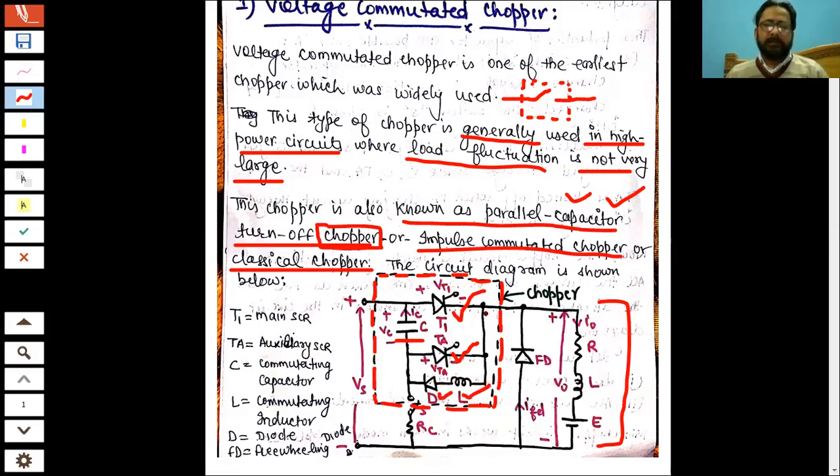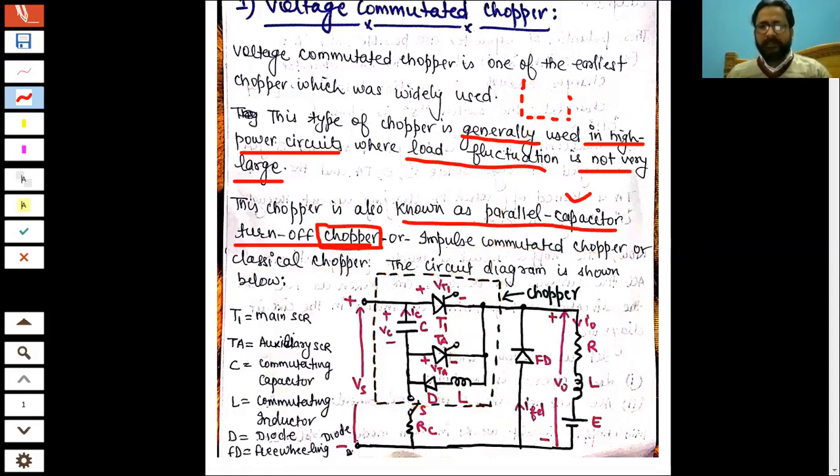All these components are represented with a simple symbol of a switch enclosed in a square box, and we call it a chopper, CH.